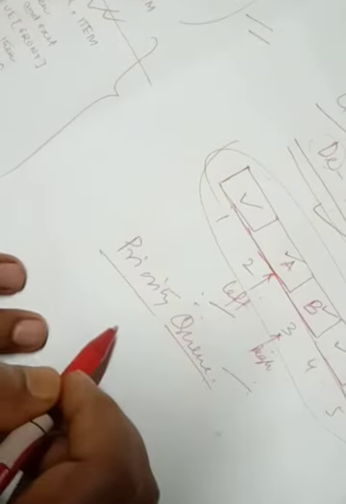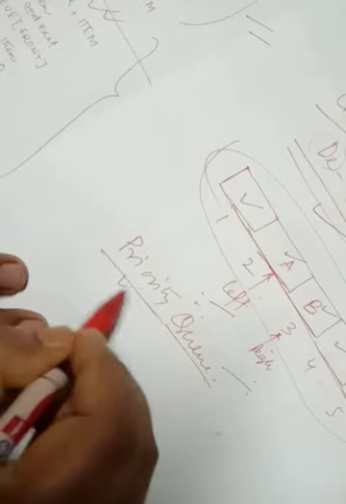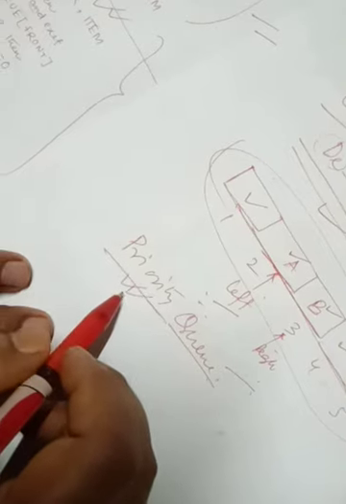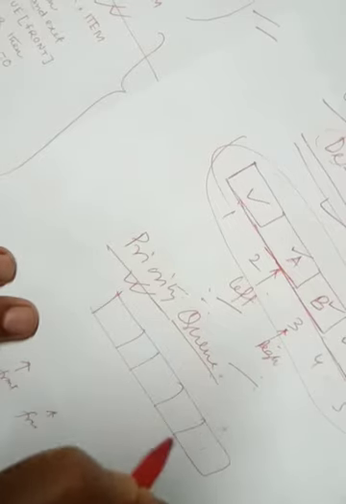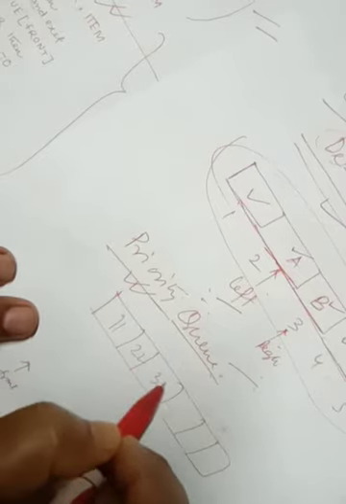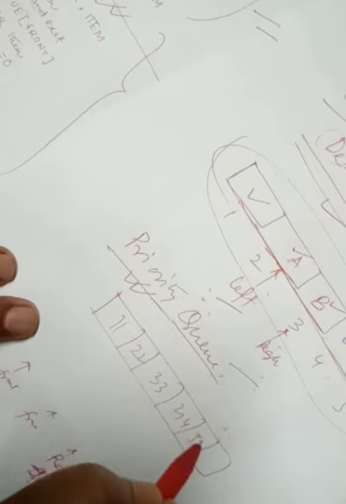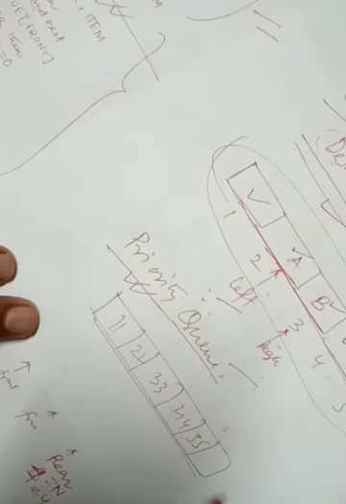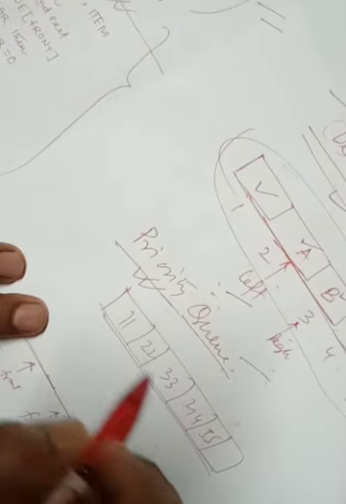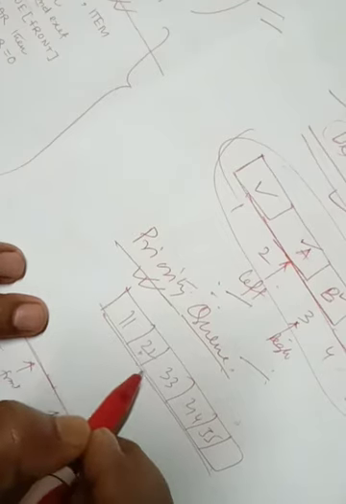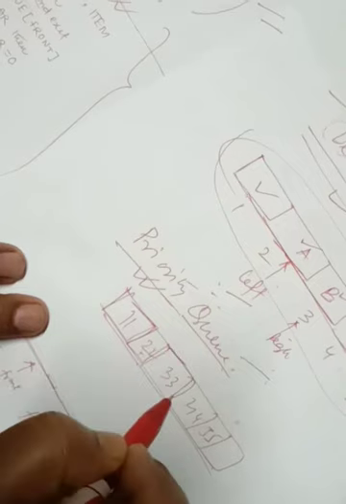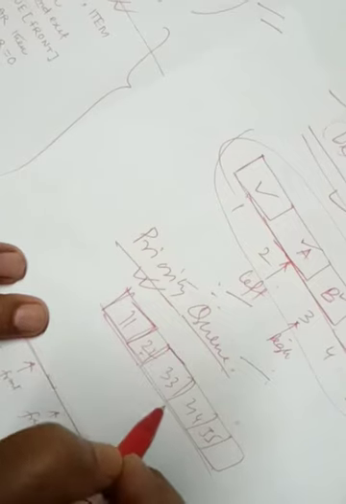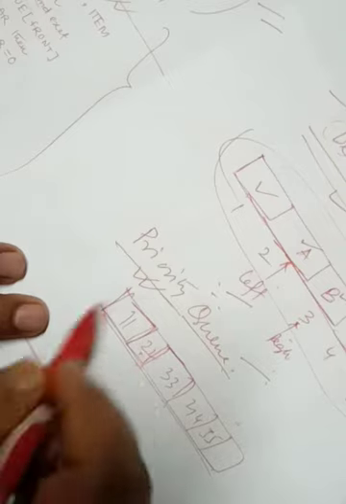Also there is one more category of queue, the priority queue. As its name suggests, priority. A priority queue is a collection of elements. Suppose this is a queue and these are the information. A priority queue is a collection of elements such that each element has been assigned a priority, such that the order in which the elements are deleted and processed comes from the following rules.